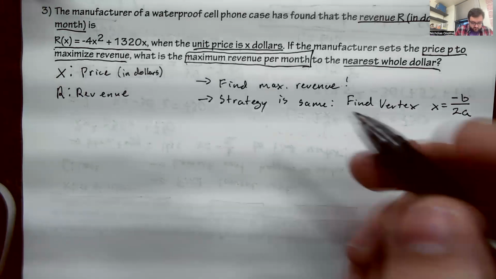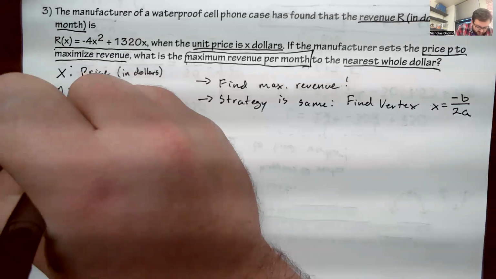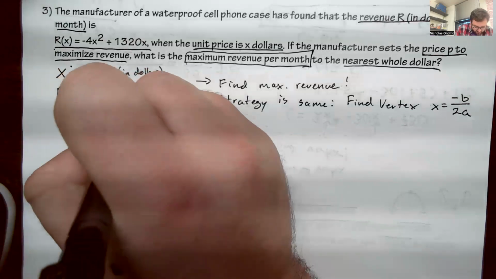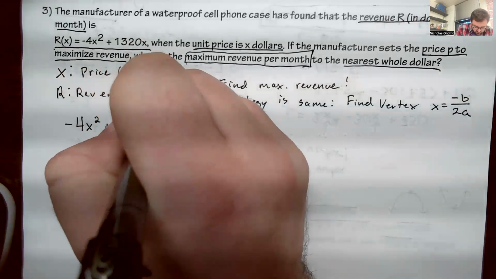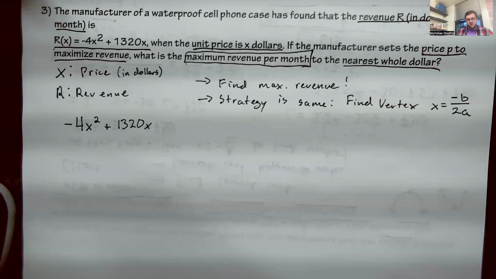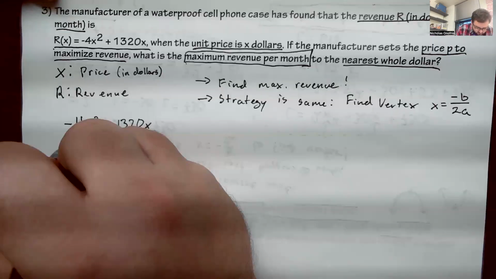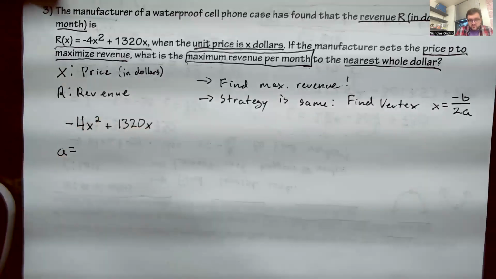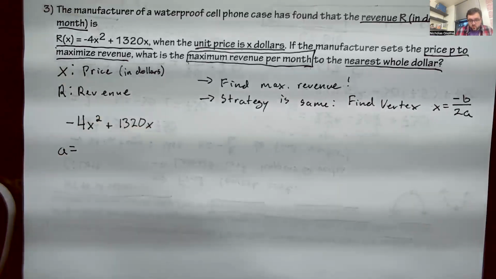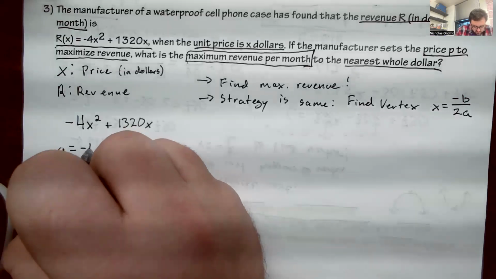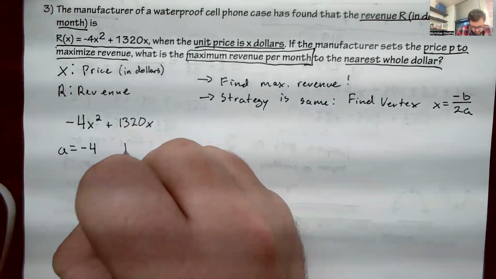Let's move into our problem. We're given the equation negative 4x squared plus 1,320x. Let's identify our A, our B, and our C. My A, as always, is the number in front of the x squared. So in this case, my A value is negative 4.